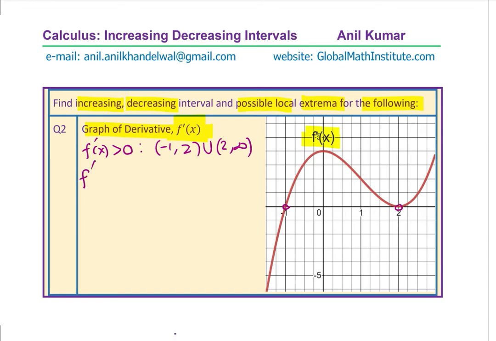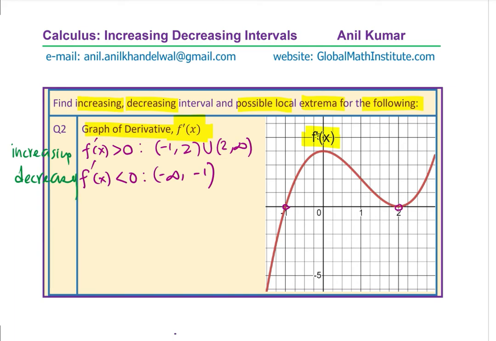And the decreasing interval is when f prime x is less than 0, which is from minus infinity to minus 1. Is that clear to you? So the first one is increasing. And the second one is decreasing.